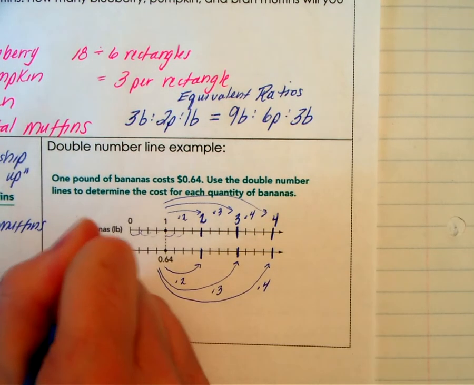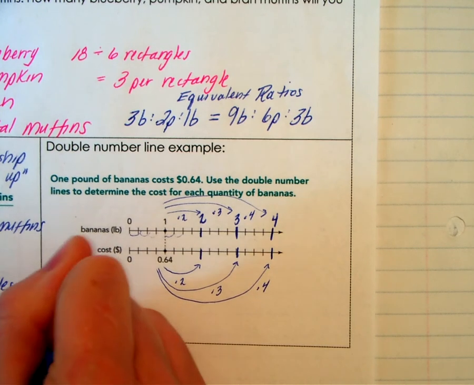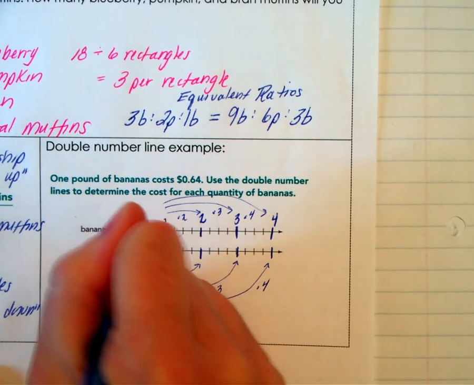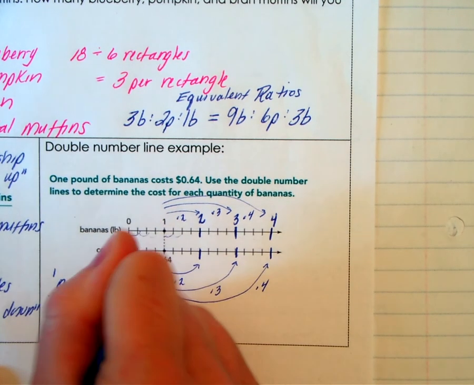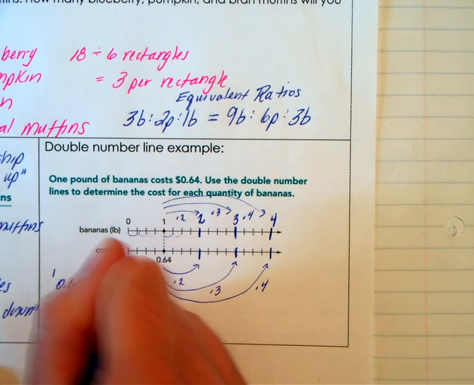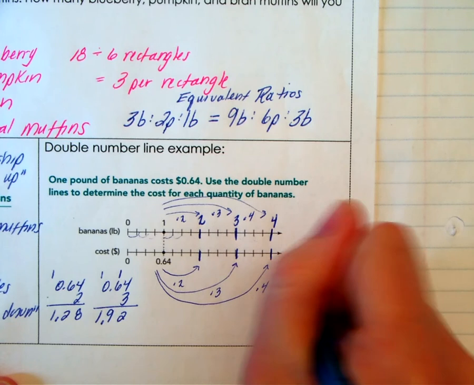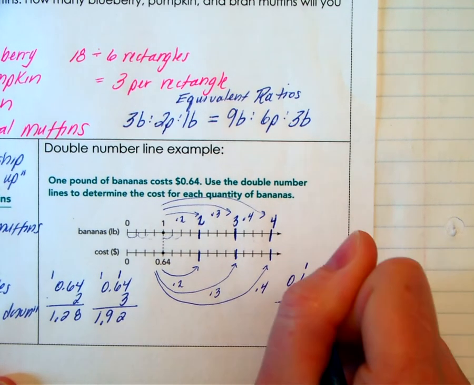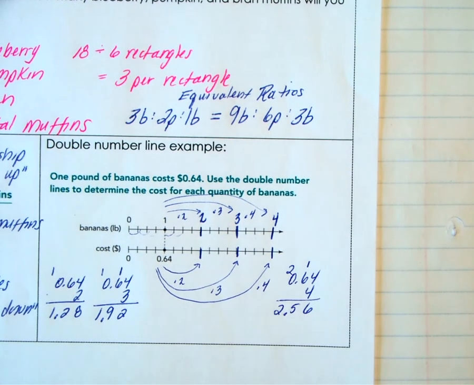64 cents times 2. $1.28. 64 cents times 3. $1.92. 64 cents times 4. $2.56.